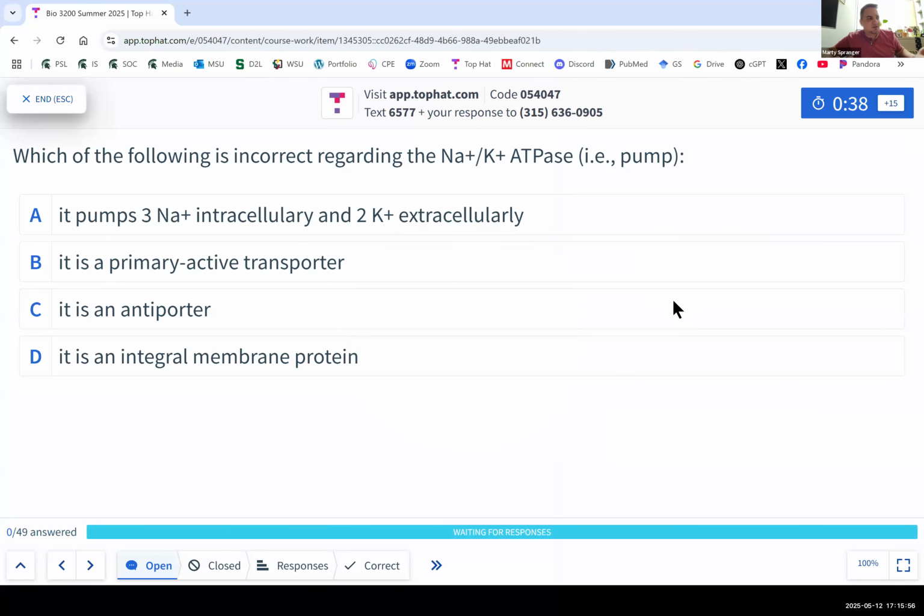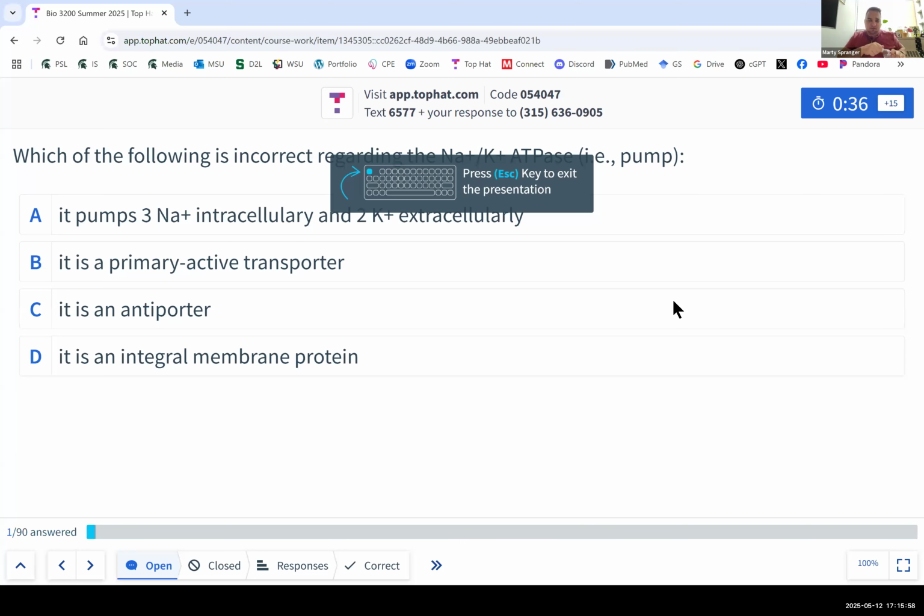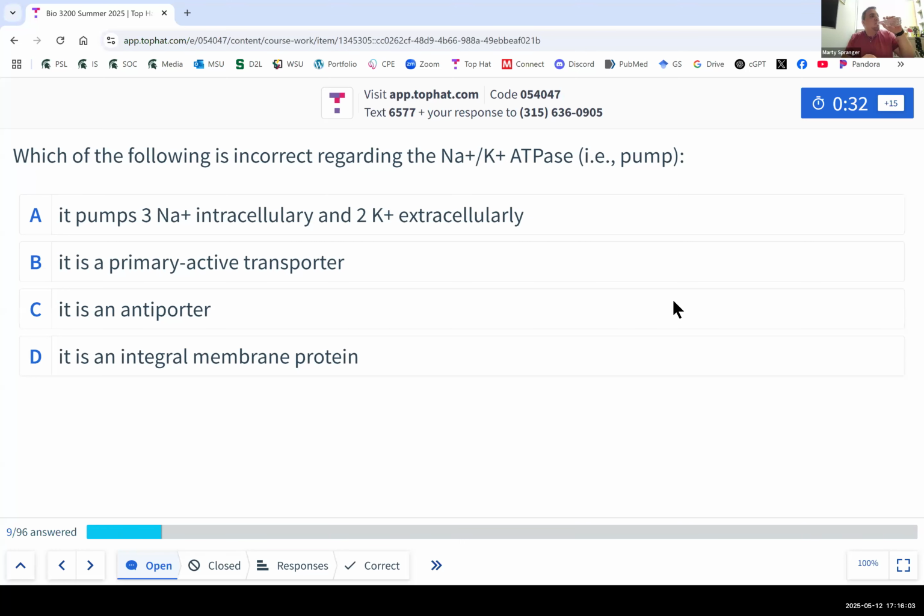Feel free to ask any questions during this time too. A lot of people are confused on secondary active transport, so you can't ask enough questions about it. This is a prototype example of an exam question here.